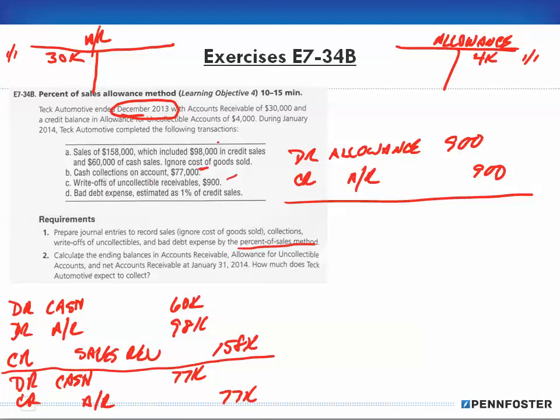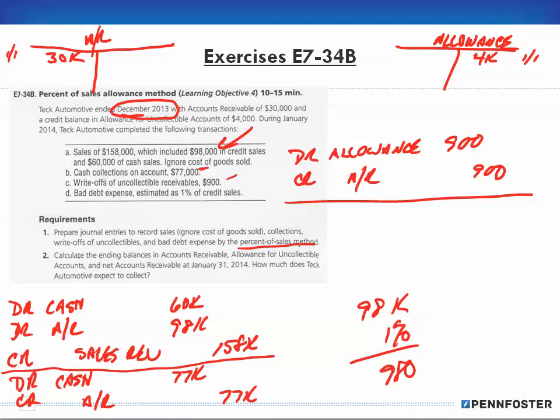Well, what were our credit sales? Our credit sales were $98,000. Right? So if I take $98,000 and I multiply that by 1%, that gives me $980. Right?